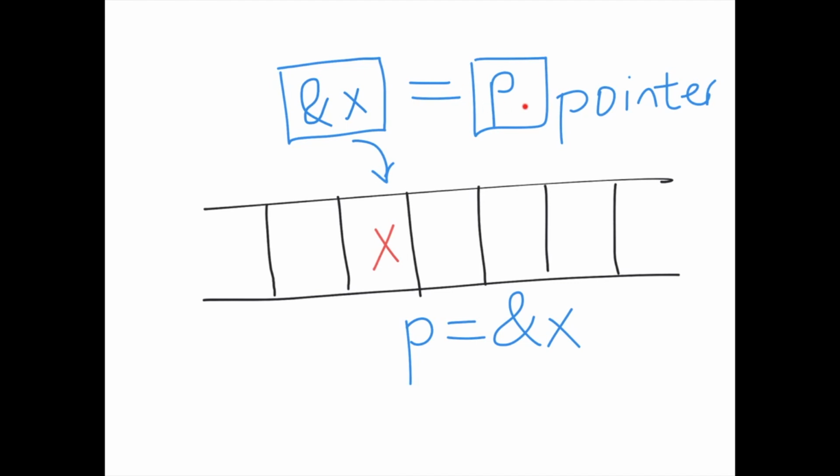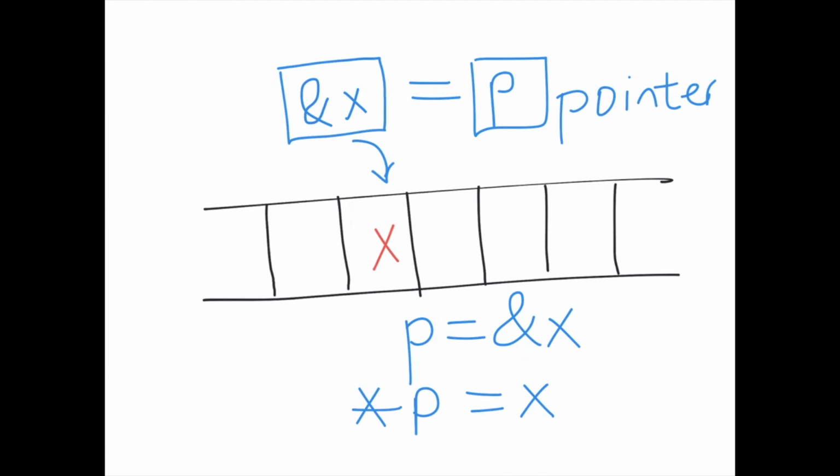P is the address of X, and the value at P, which we write star P, is X. That makes sense, right? P is a pointer, the value of which is the address of X, and so the value at the address of X is X. That's what we've got going on here.